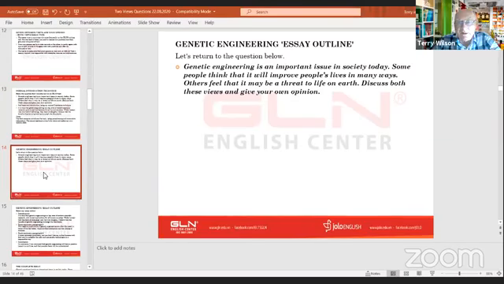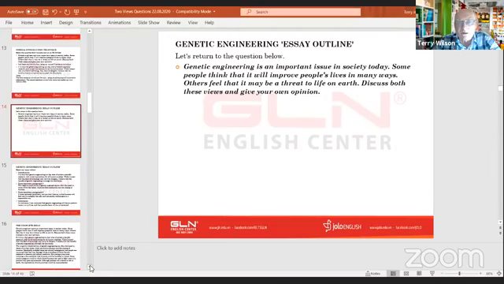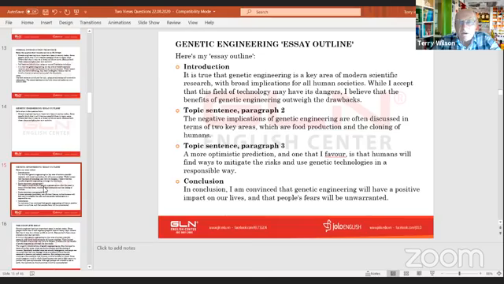So let's go back to the question and start looking at the body paragraphs. So this is my essay outline. So we have the introduction, as you see before, paragraph 2.